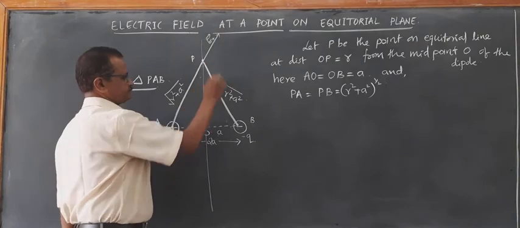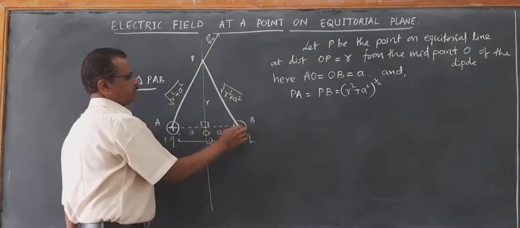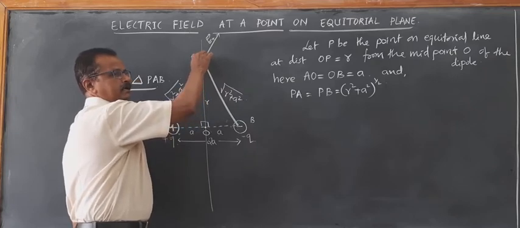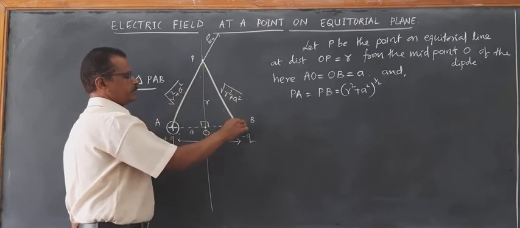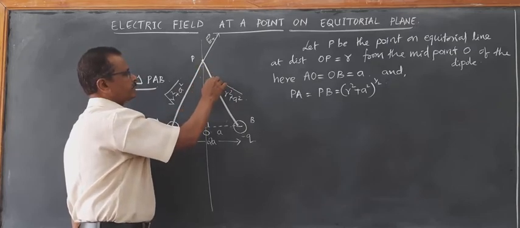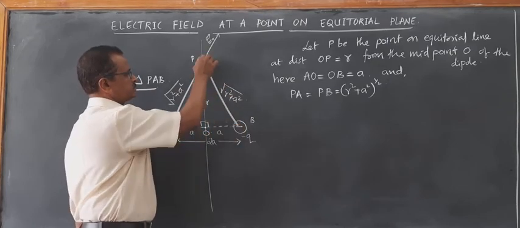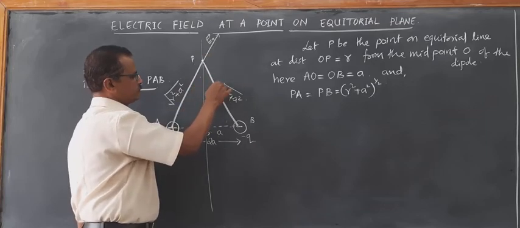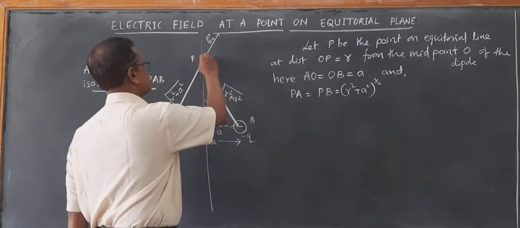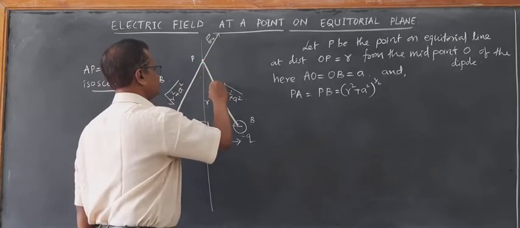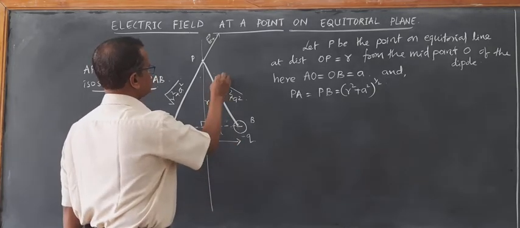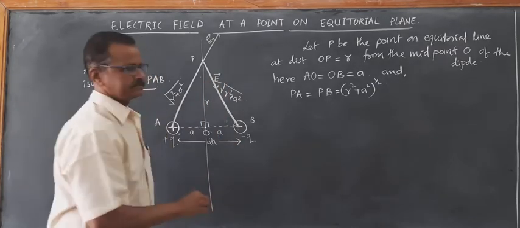Similarly, look at the negative charge minus Q. The test positive charge placed at P undergoes an attractive force, an attractive interaction with the negative charge. As a result, the attractive force is towards minus Q. So you will have the same amount of electric field, but it is directed towards minus Q. This is the E minus vector.